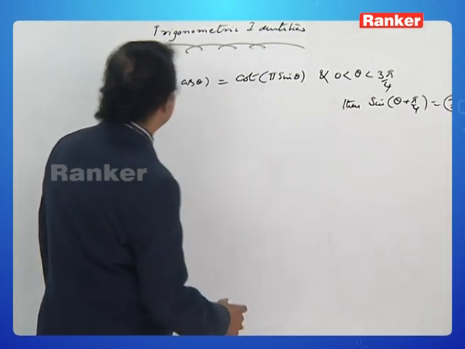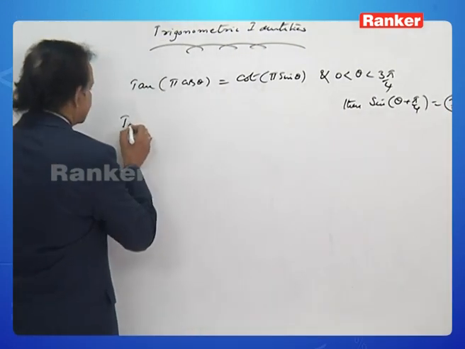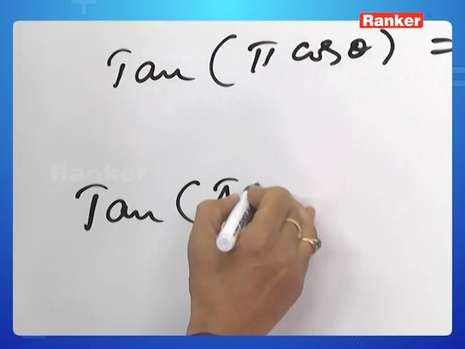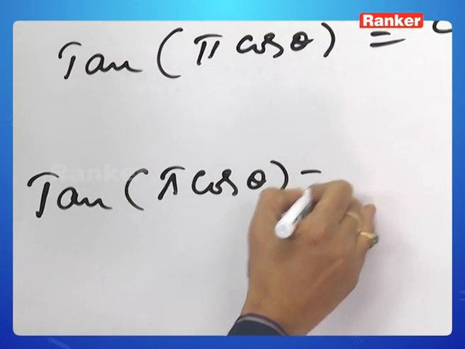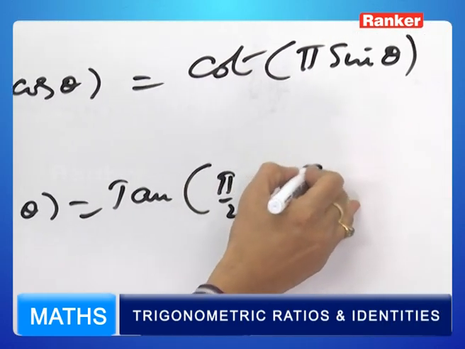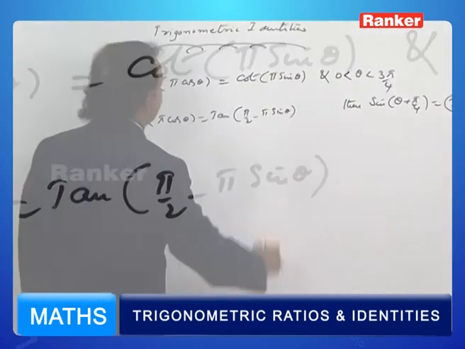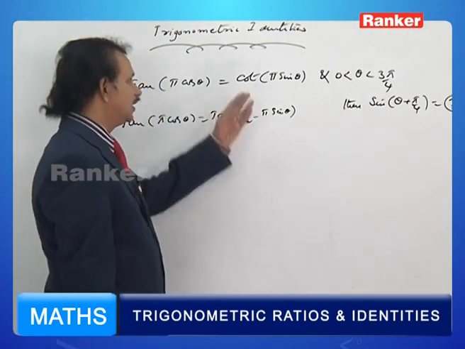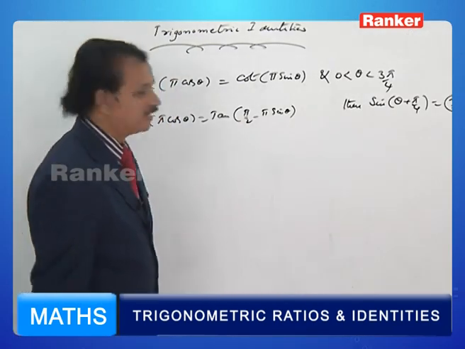Look here. Tan of pi cos theta is equal to tan of pi by 2 minus pi sin theta. Am I right? Tan of pi by 2 minus alpha is cot alpha. I am making use of that.